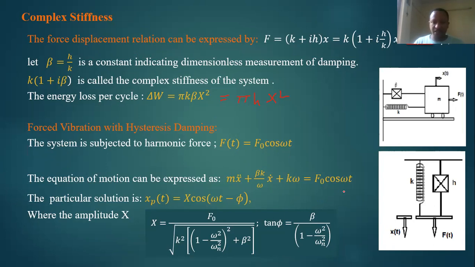So the equation becomes like this, and we have a particular solution: x particular of t is equal to x cos of (omega t minus phi). Phi is the phase difference, x is the amplitude, and the amplitude x is equal to f naught over k times the radical of (1 minus omega squared over omega n squared) squared plus beta squared, and tan phi is equal to beta over 1 minus omega squared over omega n squared.